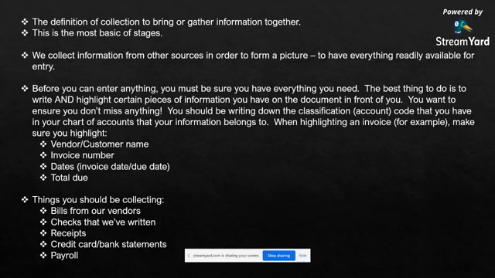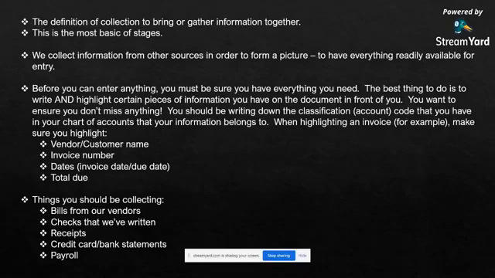We collect information from other sources in order to form a picture so that we can have everything readily available for entry. And let me explain to you what that means. Before you can enter anything, you must be sure you have everything you need. The best thing to do is to write and, not or, highlight certain pieces of information you have on the document in front of you.